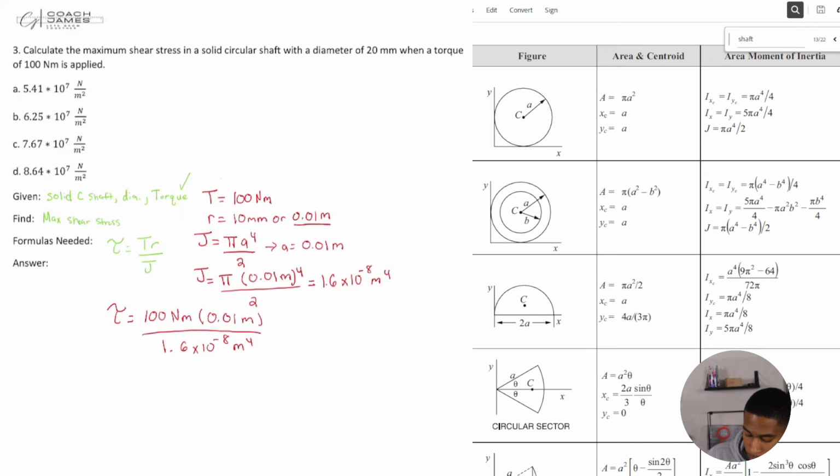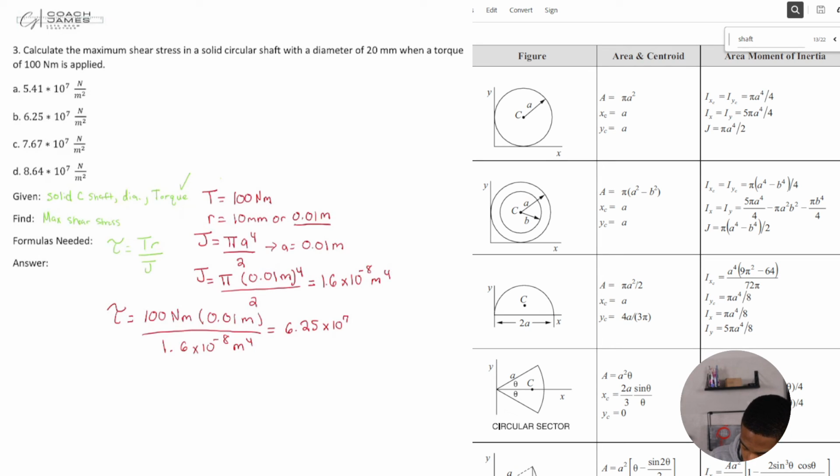If you divide a somewhat decent sized number by a really small number, it makes the number really big. So I know that it's 6.25 times 10 to the 7th power.